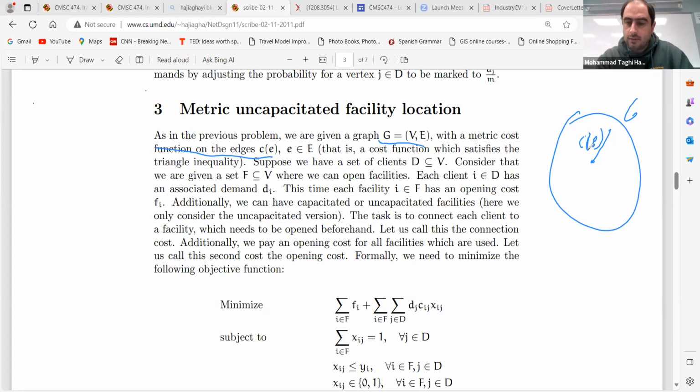This is the connection cost that we talked about before in rent or buy. In addition, we have two other sets: we have this set D and we have this set F.